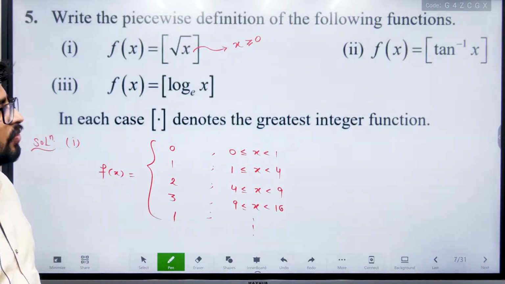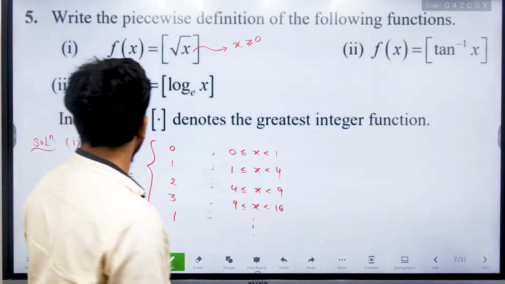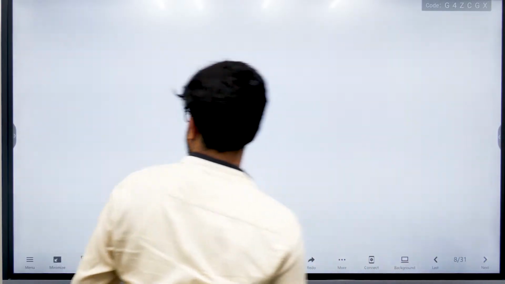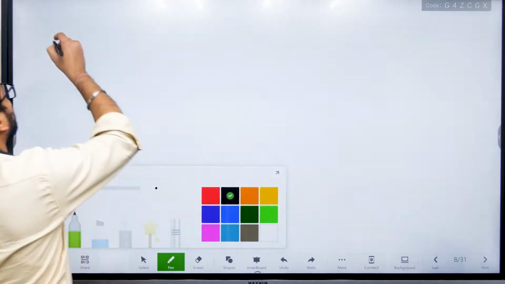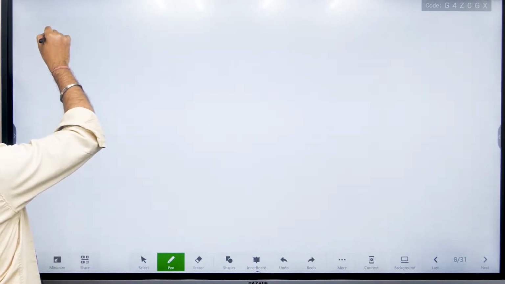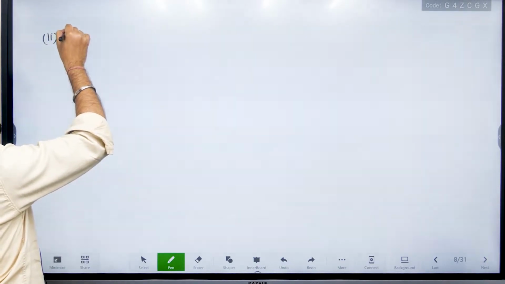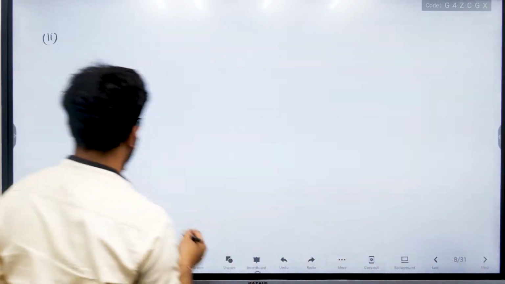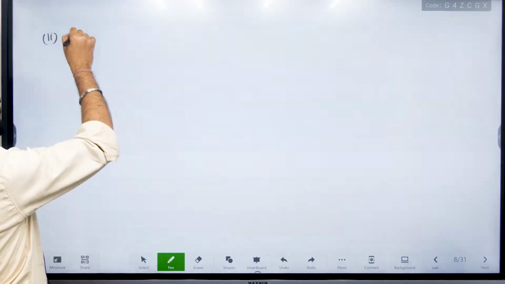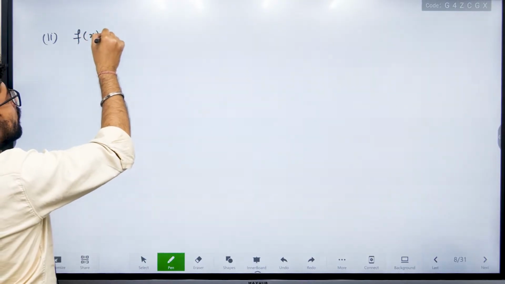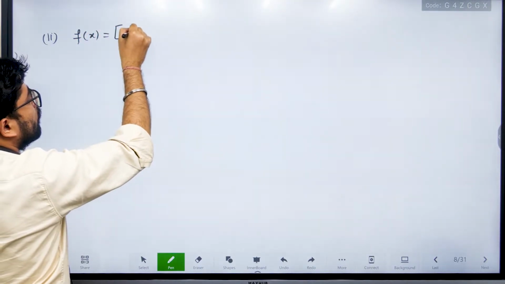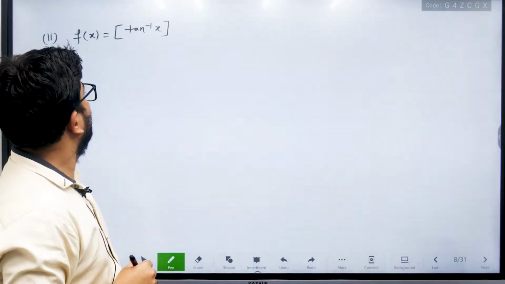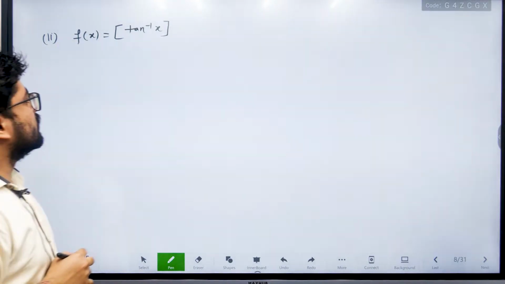Second one, tan inverse x. What about tan inverse x? f(x) is equal to greatest integer of tan inverse x.